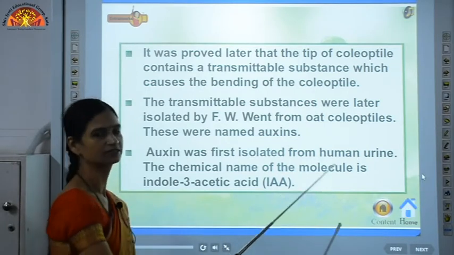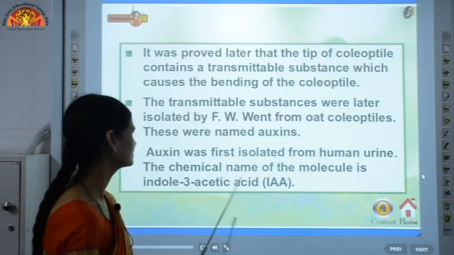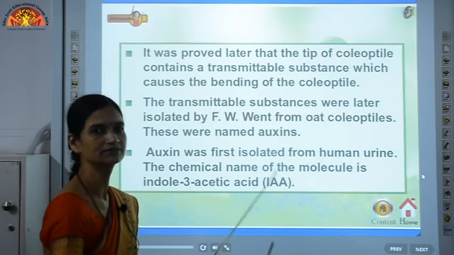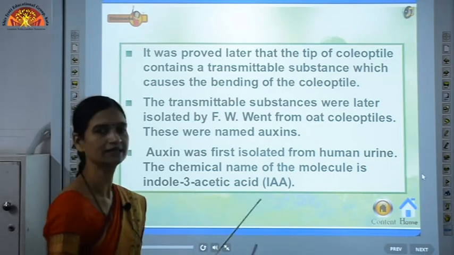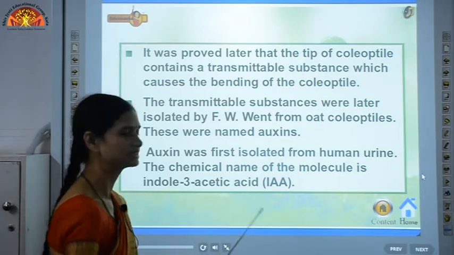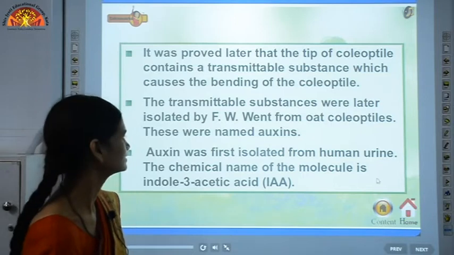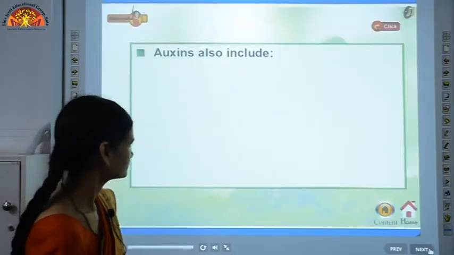Auxin was first isolated from human urine and chemically, auxin is also known as indole 3 acetic acid. These are the derivatives of indole 3 acetic acid.